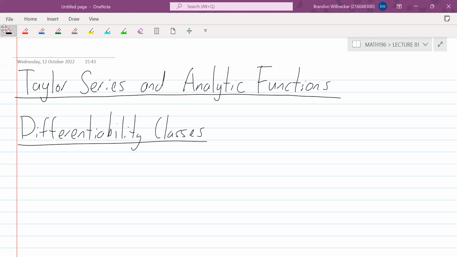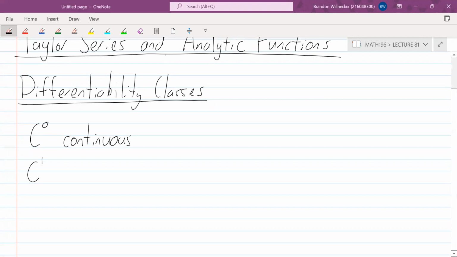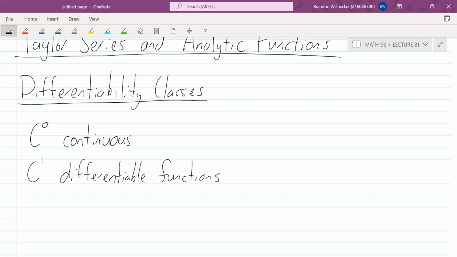So the first class is called C0, and that is the set of continuous functions. Then we have the set C1, which are the differentiable functions. These are functions where you can take the derivative and the result is continuous. We say they belong to C1 because you can differentiate once.